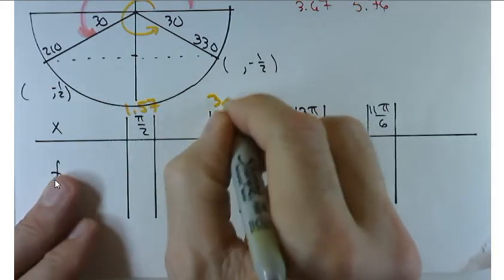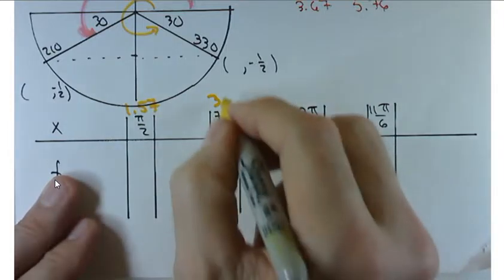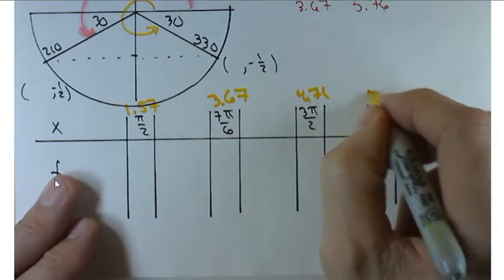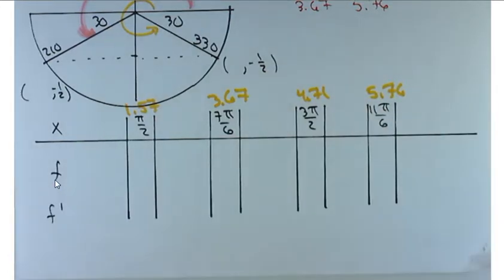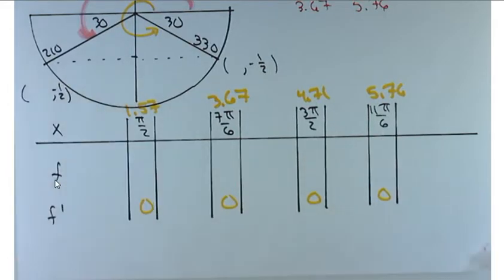No, that's not right. 3.67. That's right. 4.71 and 5.76. The derivative at all these points was 0. So you would expect to see a horizontal tangent line at all 4 of those points.